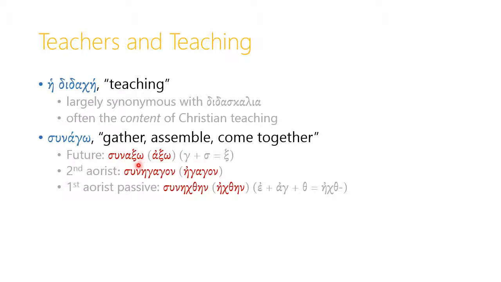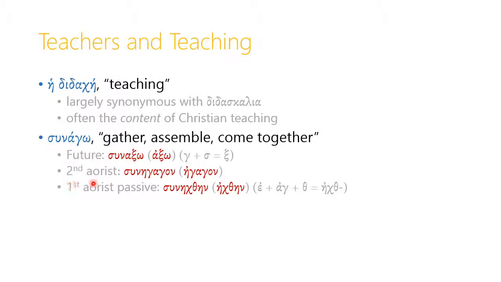And along the way we should notice that this is a prepositional prefix, sun, with or together, in front of the verb ago, and so the future form of the plain word ago, which means to lead or to think, regard, that future form of ago is the same. It's axo. So to get sunaxo as the future of sunago, all we're doing is putting that sun prefix in front of the regular ago form.